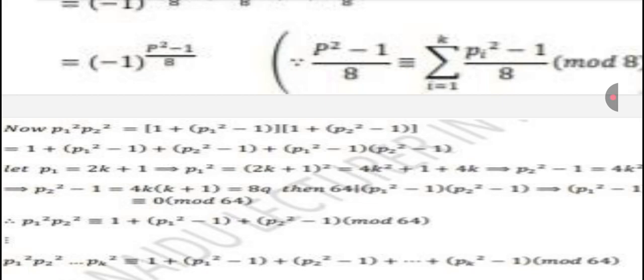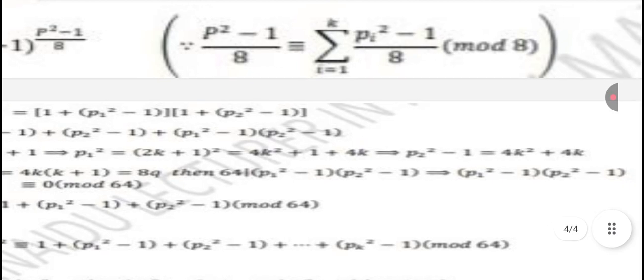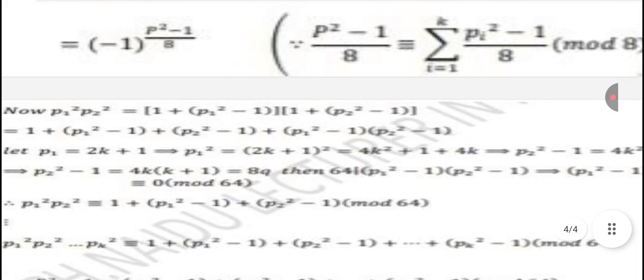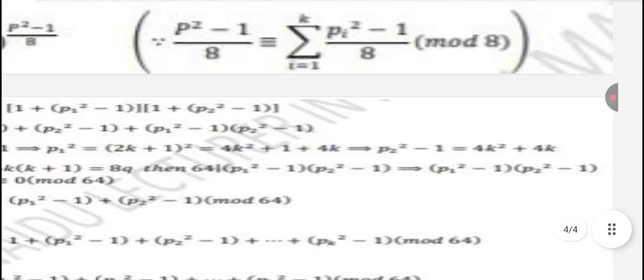Therefore 64 divides the product of these two factors, that is (P1 square minus 1) into (P2 square minus 1).